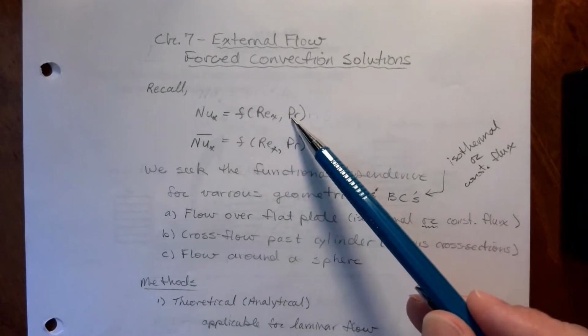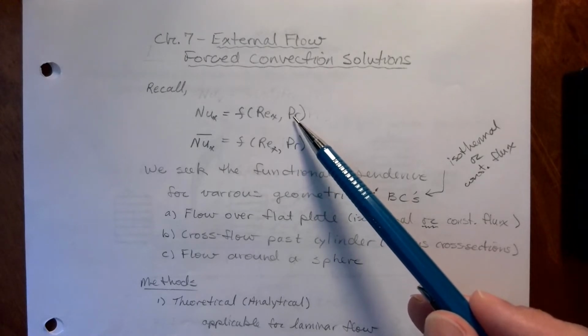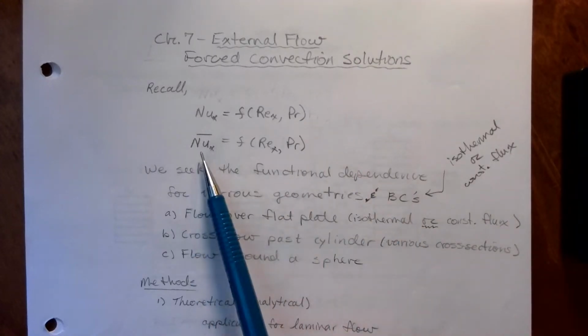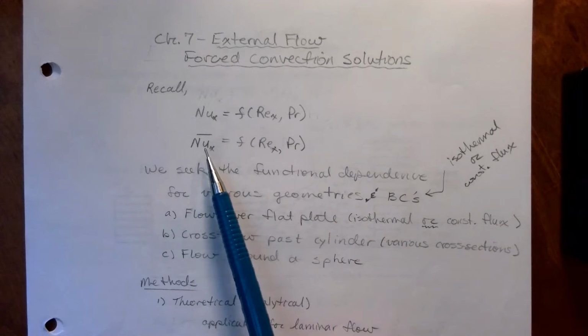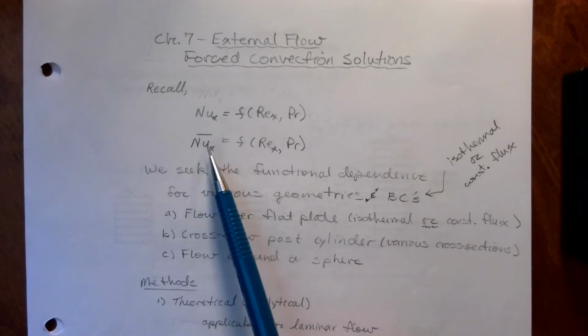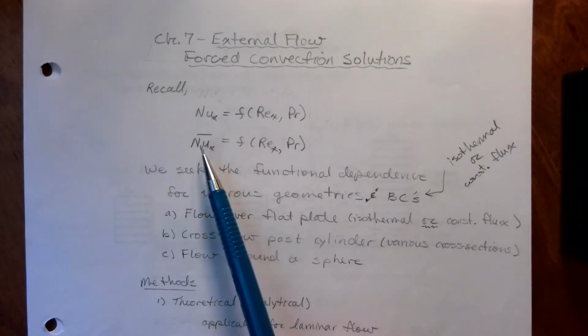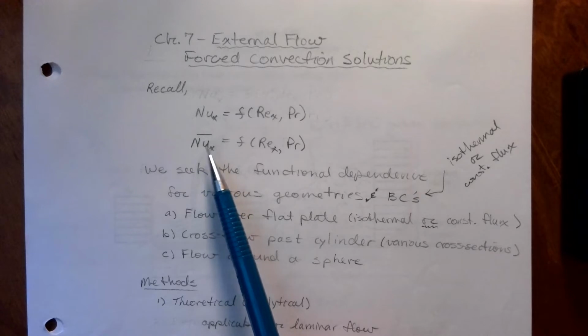Prandtl number is the ratio of diffusivities, so this is nu over alpha, where nu is the kinematic viscosity and alpha is the thermal diffusivity. The correlations also could be provided in terms of an average h, so this would be h bar times L over k.